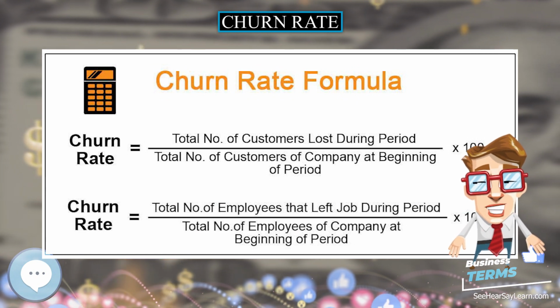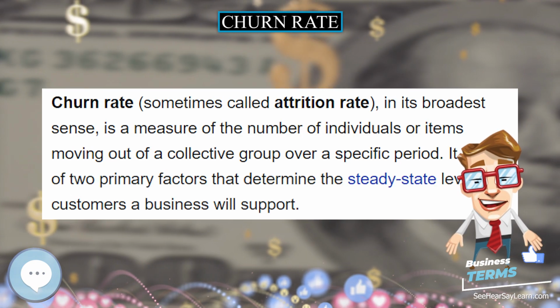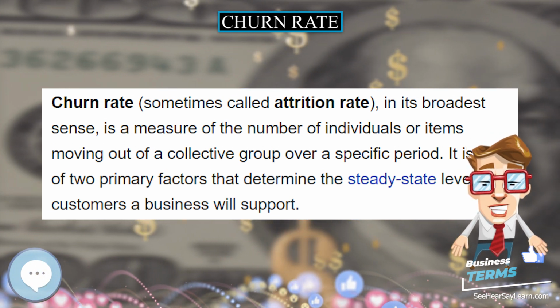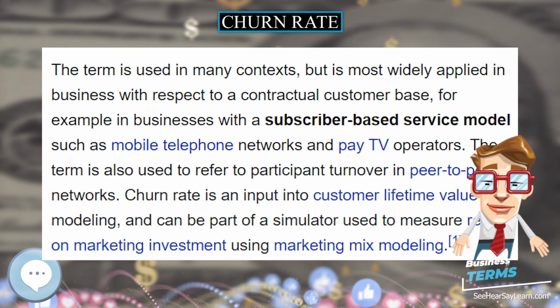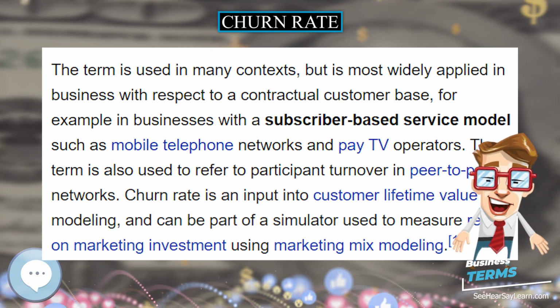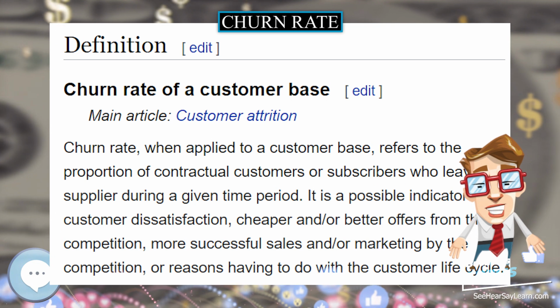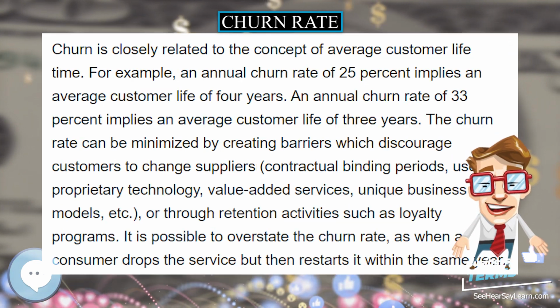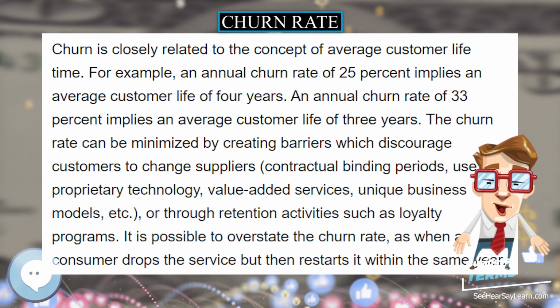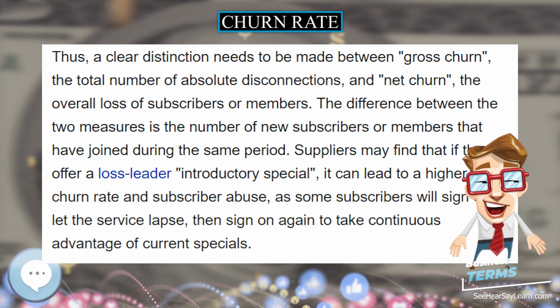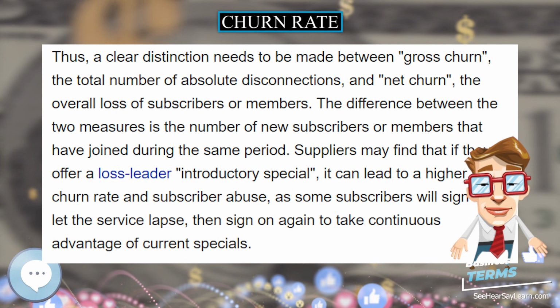Company size and industry also play a key role in attrition rate. An acceptable attrition rate for a given company is relative to its industry. It would not be useful to compare the attrition of fast food employees with a Fortune 500 company in a corporate setting. Regardless of industry or company size, attrition rate tends to be highest among the lowest paying jobs, and lowest for the highest paying jobs.